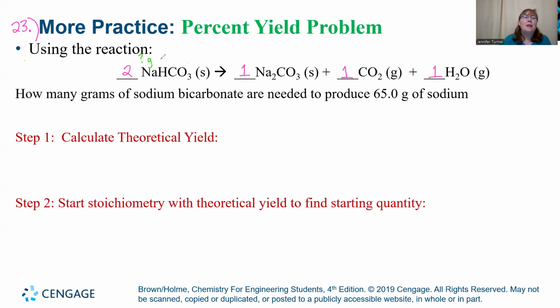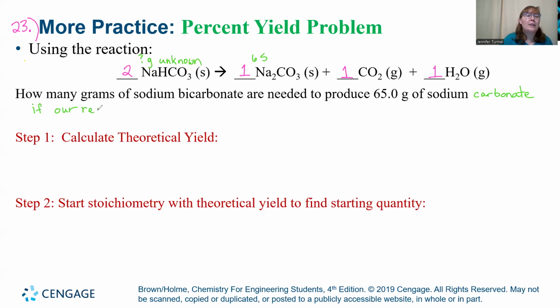So that's my unknown. Needed to produce 65 grams of sodium carbonate. Sorry, I don't know why this isn't showing. It's on your sheet, I believe. Hopefully it's there for you, but let me finish it out here.